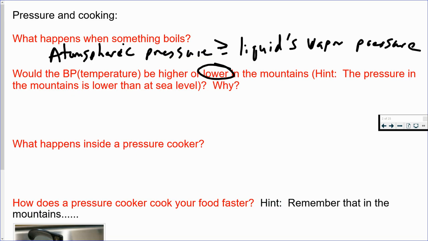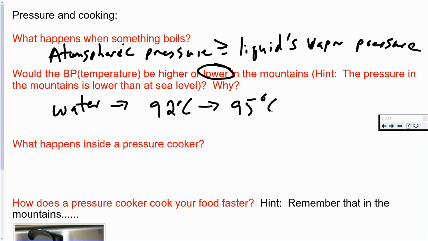This is why in Denver, Colorado, and higher up in the mountains, water boils anywhere from about 92 degrees Celsius to about 95 degrees Celsius. Whereas when you're at sea level, which we're slightly above, you boil right at 100 degrees Celsius.